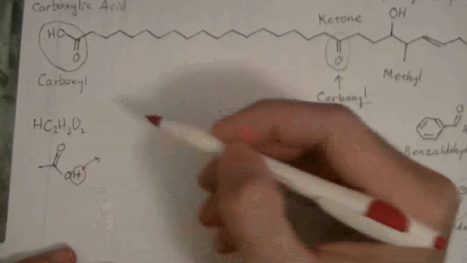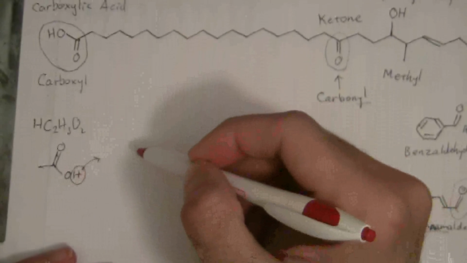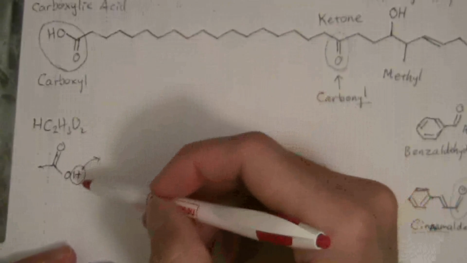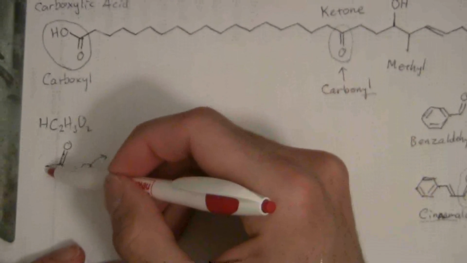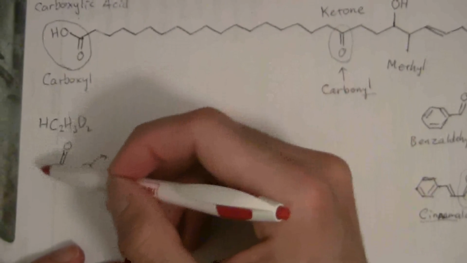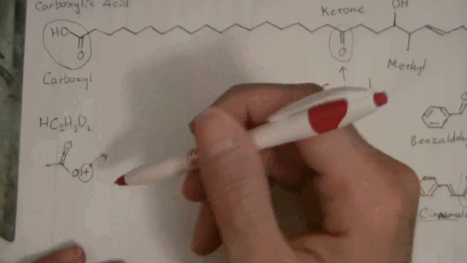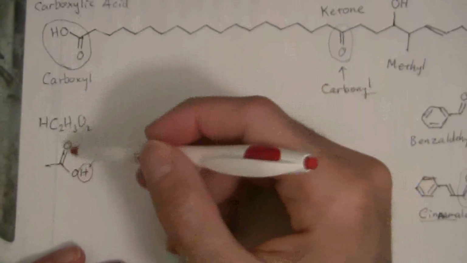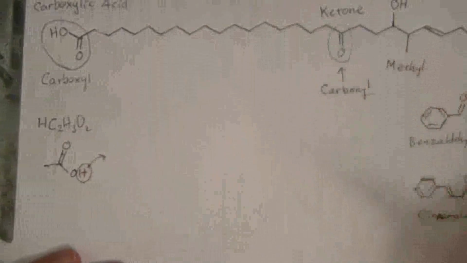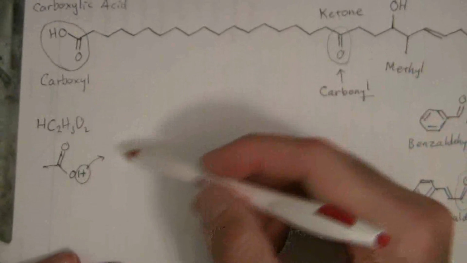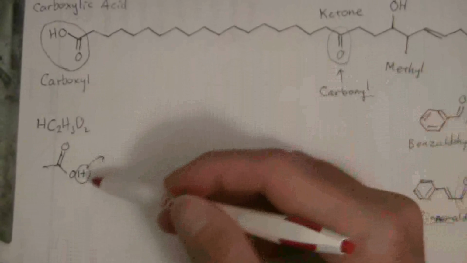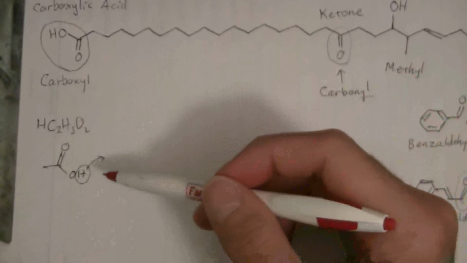So if this can donate that proton, if it can remove it easily, then that makes it an acid. There are 3 other hydrogens over here, but they are very difficult to remove. But because of those oxygen atoms there, it makes that hydrogen easy to remove, and therefore this is an acid, and that is the part that makes it an acid.